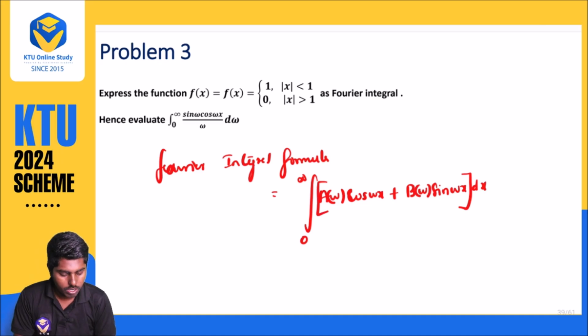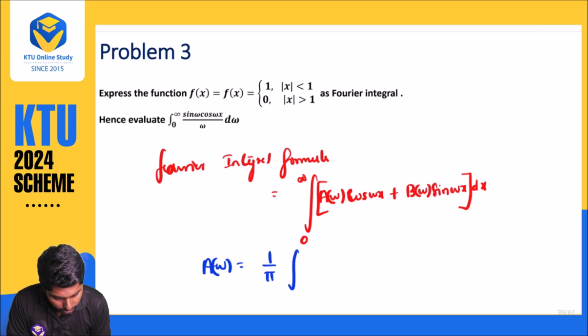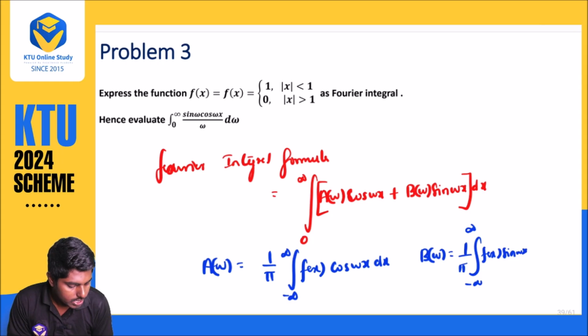Now what is a omega? A omega is nothing but 1 by pi, very easy to recollect, 1 by pi minus infinity to infinity f of x cos omega x dx. And what about b omega? B omega is nothing but 1 by pi minus infinity to infinity f of x sin omega x dx.